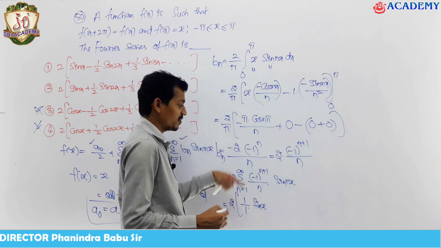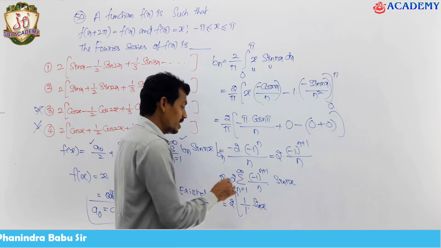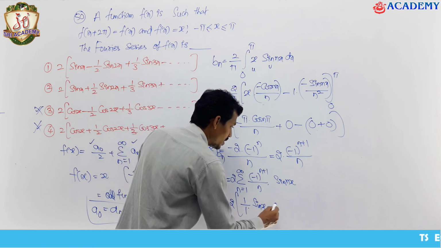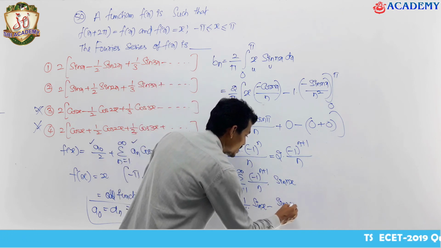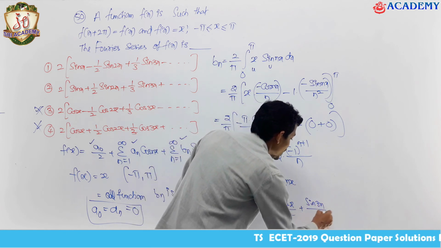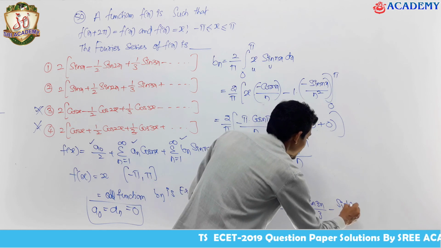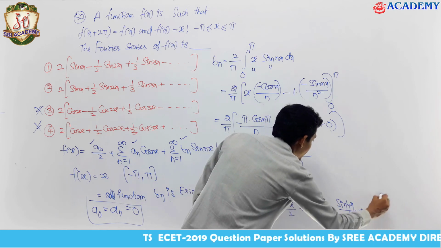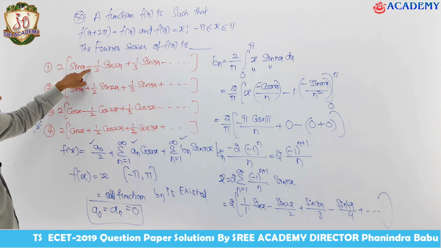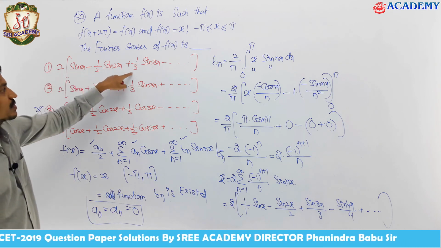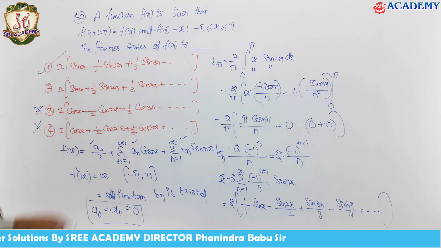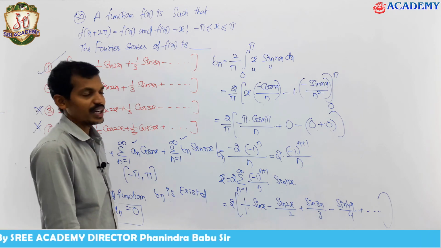Next, for 2, 2 plus 1 is 3, so for even values you will get negative, that is minus sin 2x divided by 2, plus sin 3x divided by 3, minus sin 4x divided by 4, like that you are going to get. That is going to be 2 into sin x positive, minus 1 by 2 sin 2x, plus 1 by 3 sin 3x, the signs alternating plus and minus. That is going to be your answer.